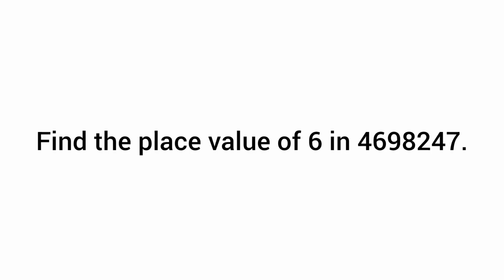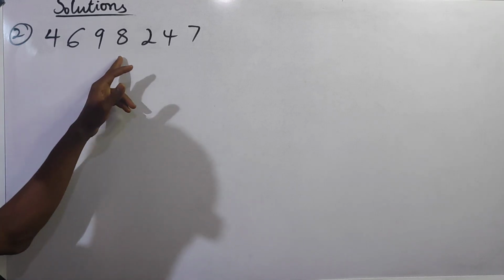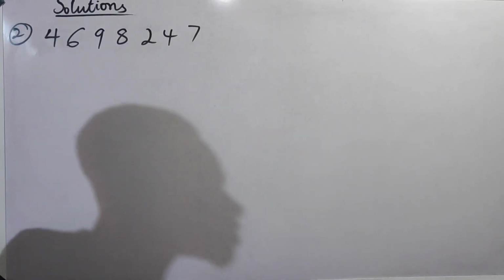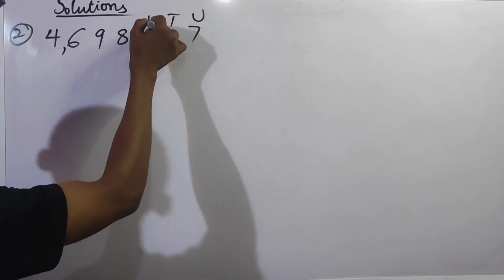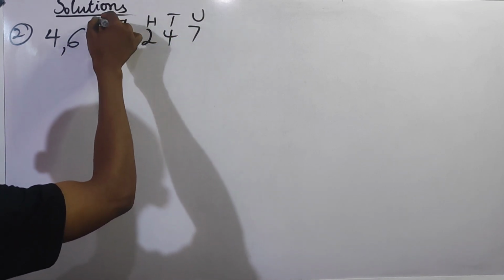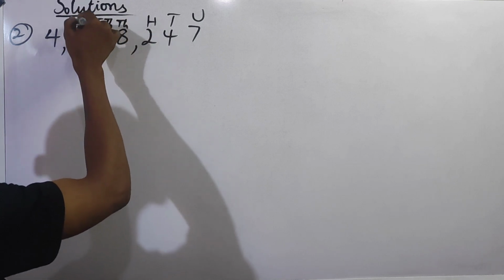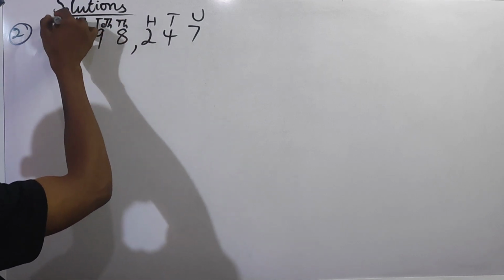Okay, let's go to number 2. Find the place value of 6 in 4,698,247. Unit, tens, hundreds, thousand, tens of thousand, hundreds of thousand, million.